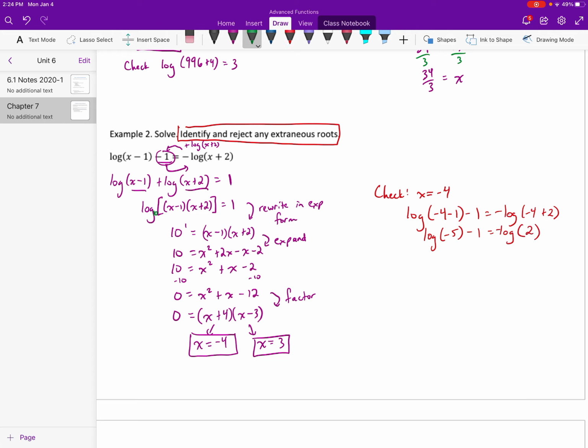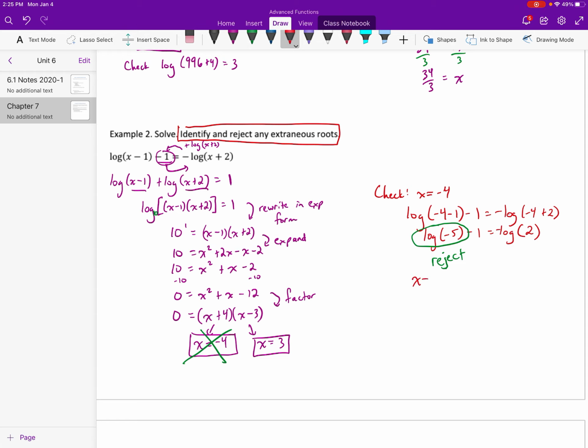What you should notice is that this is not a real number. Log of -5 does not exist. So we reject this -4 because we cannot take the log of a negative number. It is not a true solution.